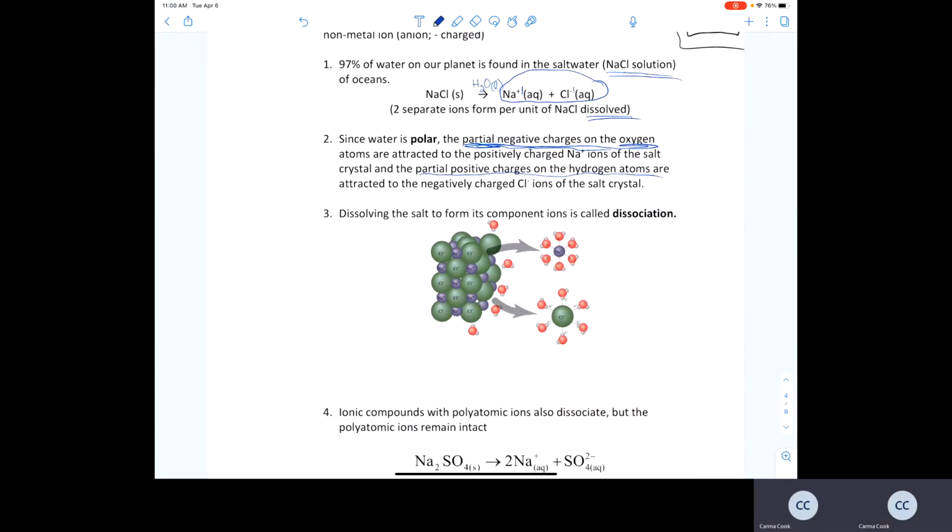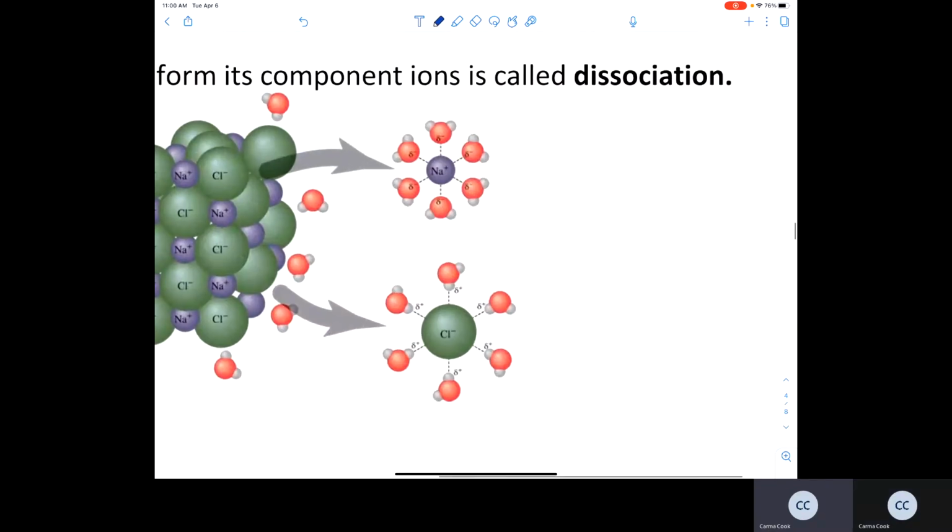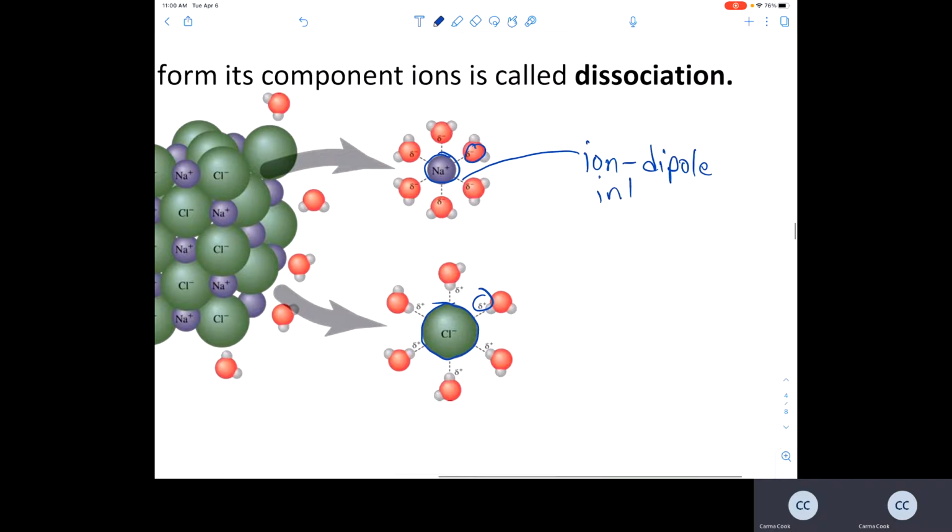And so this type of interaction between the ions of the dissolved salt and the partial negative and partial positive charges on a water molecule, those black dashed lines that you see, are called ion-dipole interactions.